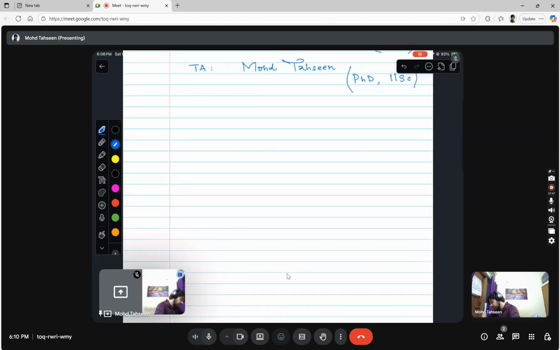Okay, so we are in week 3. This is the third weekly session. Previously, we started the first session with the motivation for studying this course, and then we gradually started looking at the different kinds of properties exhibited by materials.